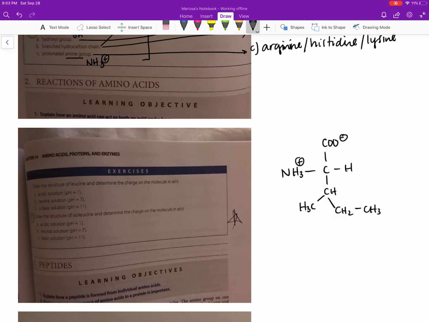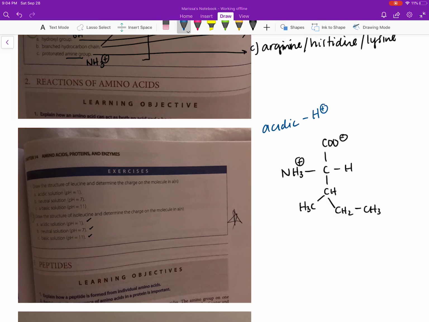So we have to draw it in an acidic solution, a neutral solution, and a basic solution. So we have to remember back to what it means to be an acidic solution. This is where we're going to have protons in excess, so everything that can take a proton will take it.